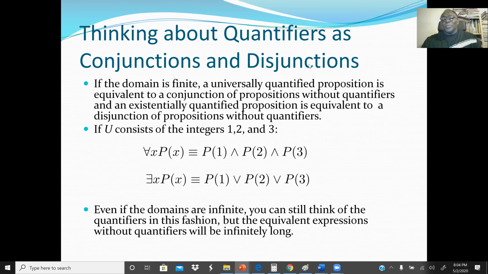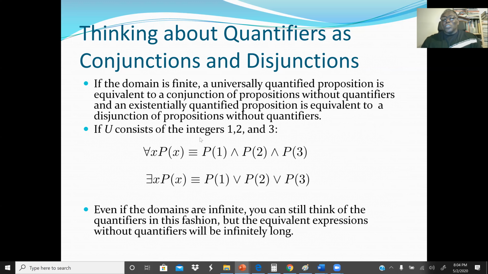So here we say that if the domain is finite, a universal quantifier proposition is equivalent to a conjunction of propositions without quantifiers, and an existential quantifier proposition is equivalent to a disjunction of propositions without quantifiers.